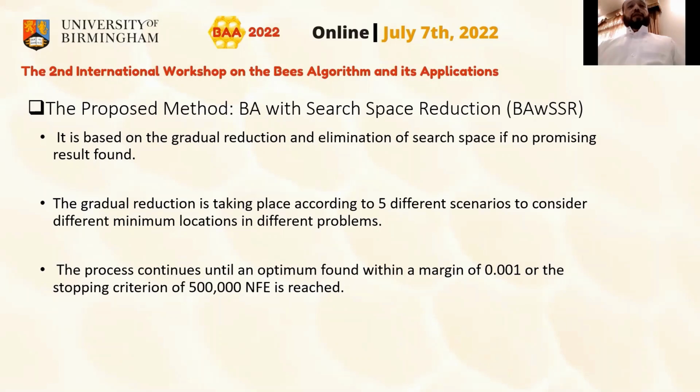This gradual reduction will take place according to 5 different scenarios, considering the different minimum locations in different problems, because for every problem the optimum can be located, not necessarily in the center, but anywhere in the search space. The process will continue until the optimum is found within a margin of 0.001 or reaching the stopping criterion of 500,000 FE. That's the number of function evaluations.